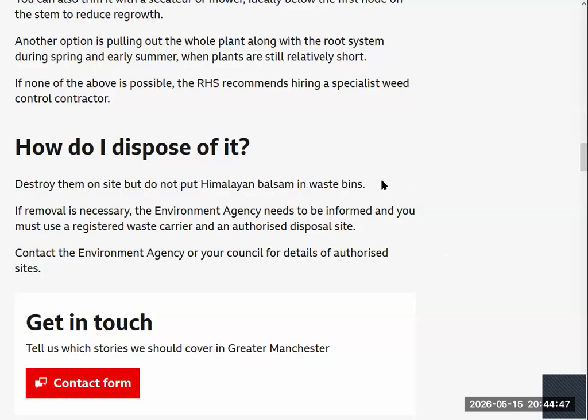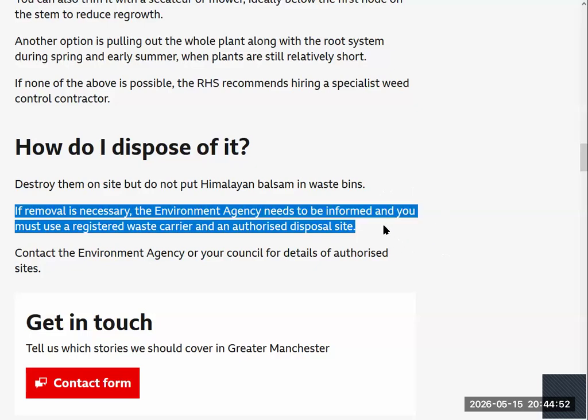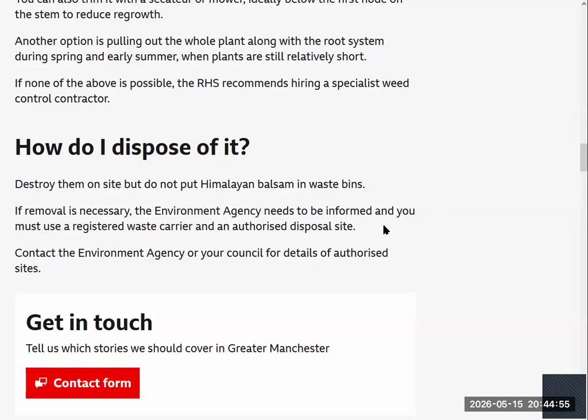And the next sentence is about needing to tell the authority that we're going to rip up this plant. And it seems they will then tell you who the registered waste carrier is.